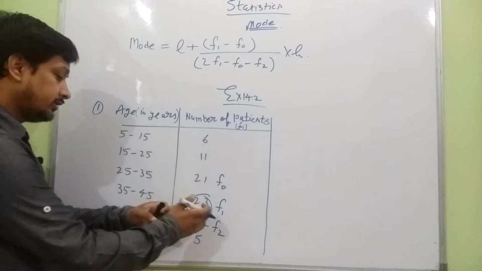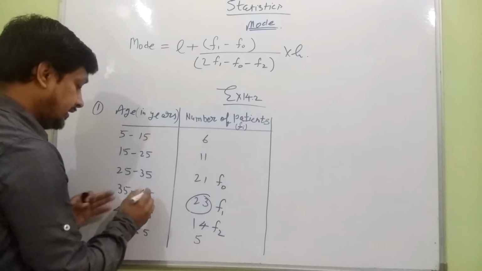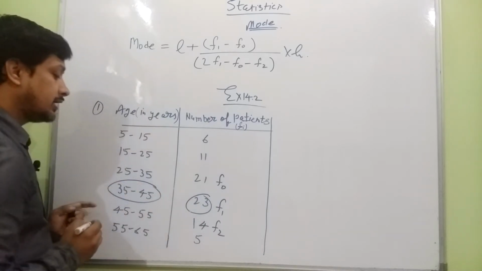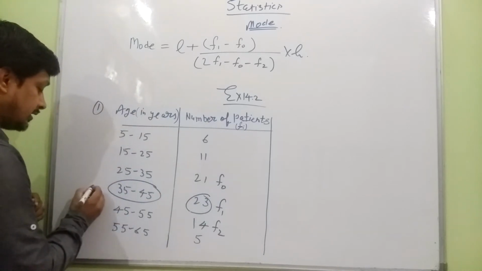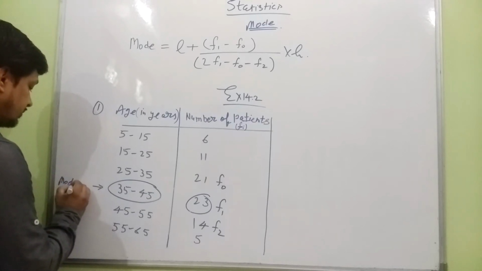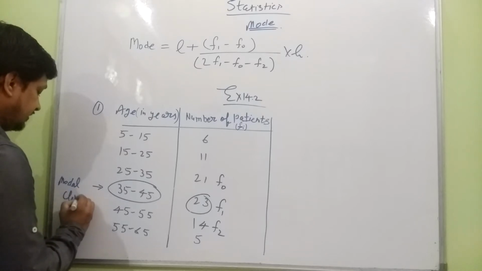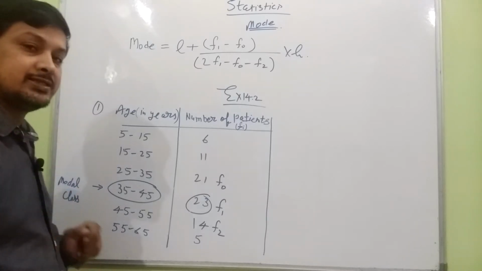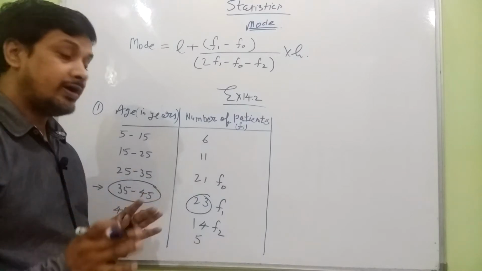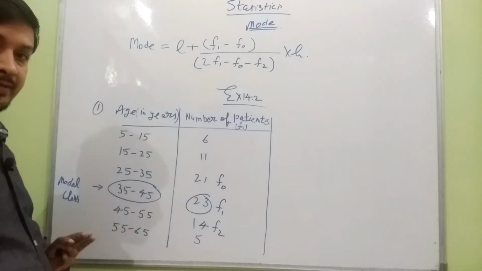Now the class interval which corresponds to F1 is called the modal class. This is our modal class. Sometimes it is asked in exams, find the modal class, in one mark. So you don't find the whole mode, you only write 35 to 45 that time.